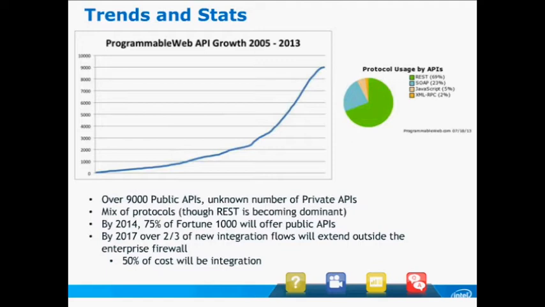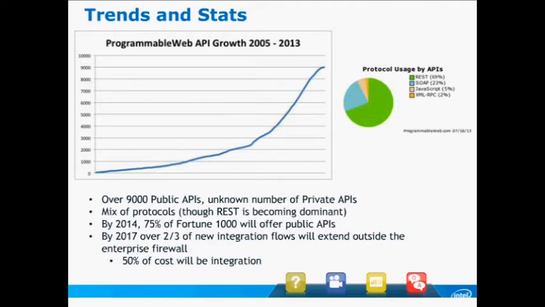We have a tremendous number of internal APIs, a lot of that legacy SOAP and other protocols that are internal web services that are used to run our business. REST, however, is becoming dominant, and if you want to surface APIs in a way that they can be consumed by mobile devices or by partners, REST and JSON is the model that they expect. So there's a growth there.